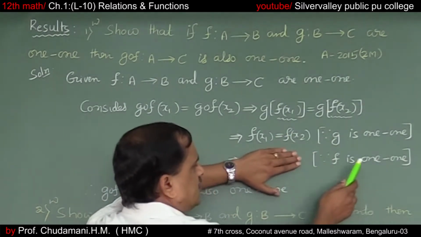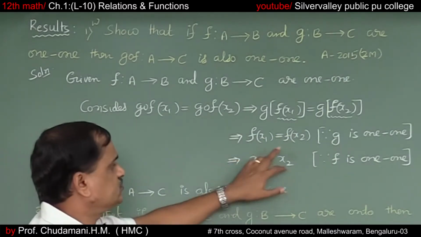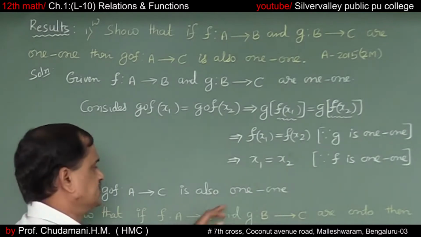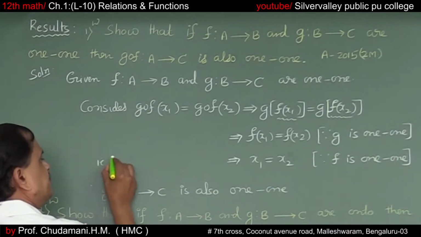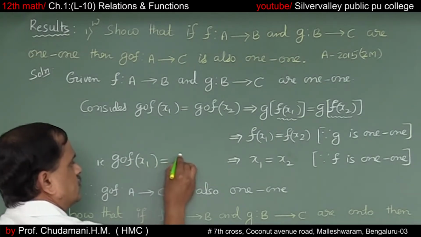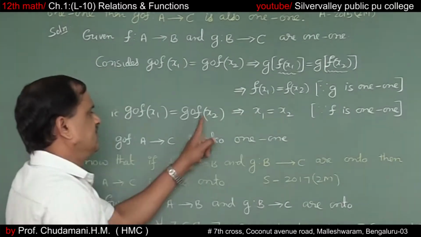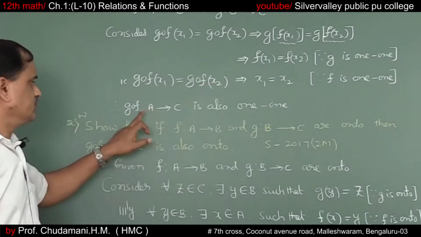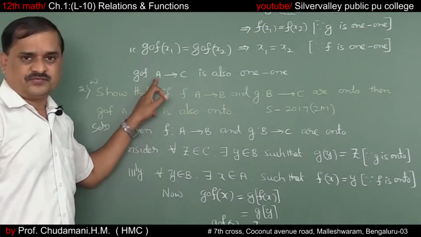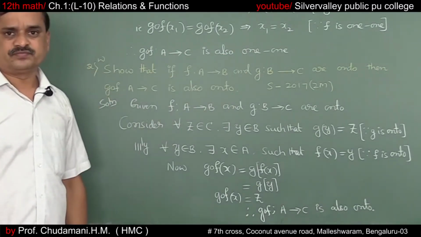Since f is also 1-1, f of x1 equals f of x2 implies what? x1 is equal to x2. So that means g o f of x1 is equal to g o f of x2 implies x1 is equal to x2. Therefore, g o f from A to C is also a 1-1 function.